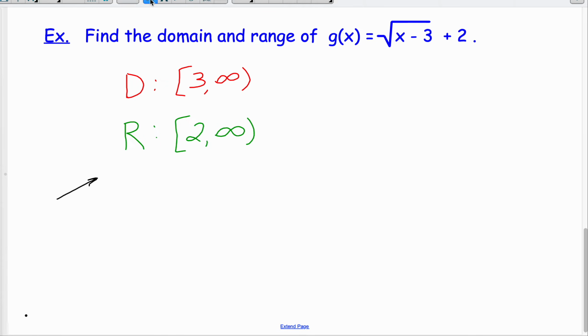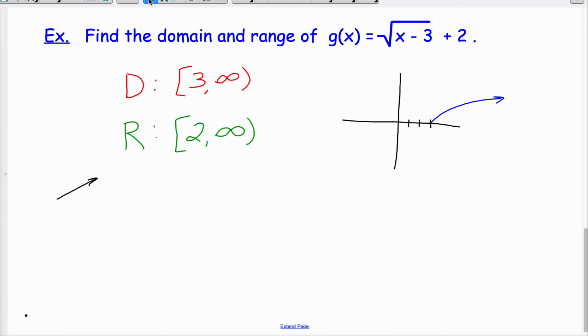Another thing we could do, though, is we could think about the graph. And you think about, what's the parent function look like? What's the square root of x look like? Well, the square root of x, we should know, looks like that, right? And then what if I subtract 3 inside the square root? What does that do to my graph? Well, that's going to shift it 3 units to the right.